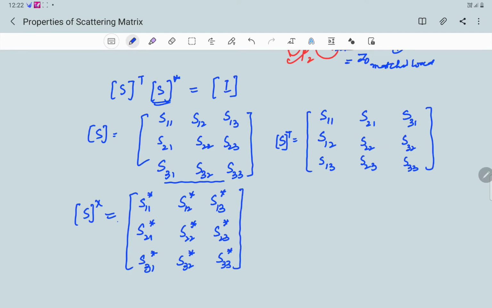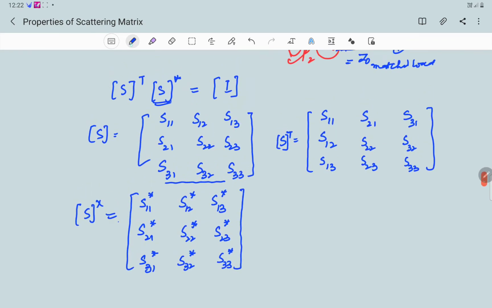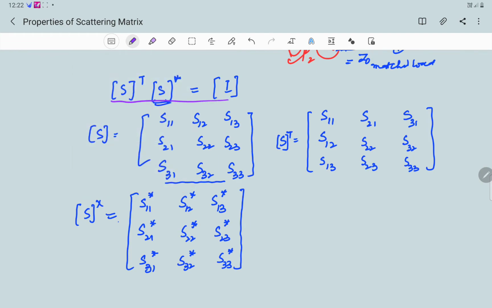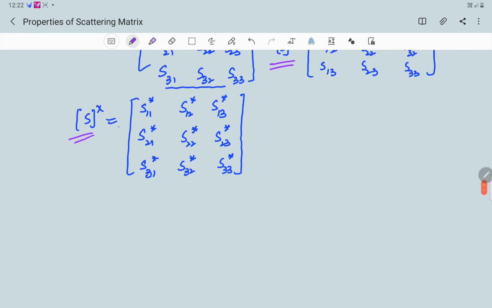Complex conjugates of the individual elements. Now, as I said, for a lossless network, S transpose into S conjugate, the product should be a unit matrix. Now let us multiply the matrix S transpose with S conjugate.